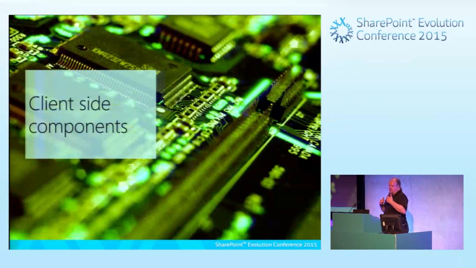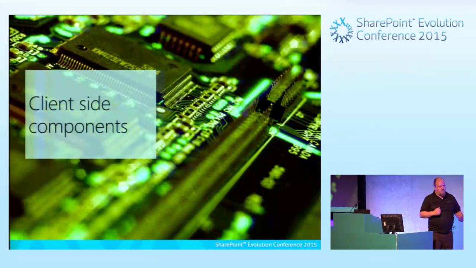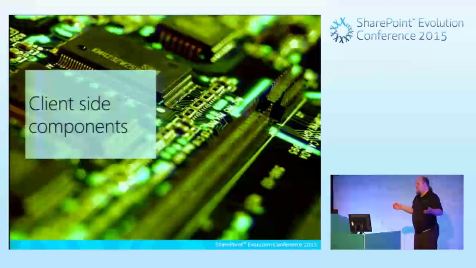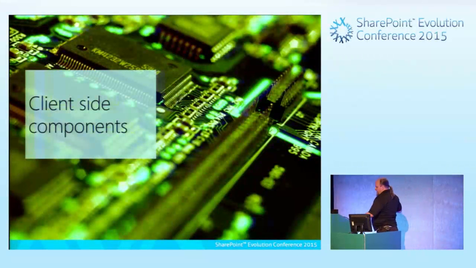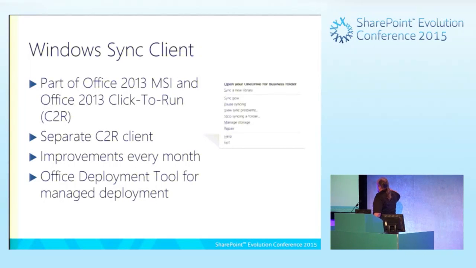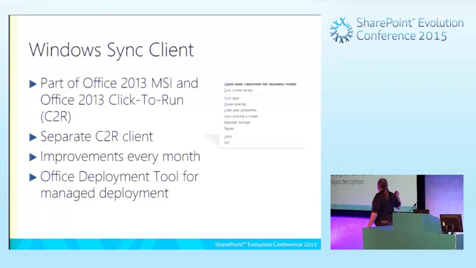Now the second piece: what do we have on the client side for OneDrive? Of course, if you don't do sync, then you don't have any client components deployed. But if you use the sync client, you get the Groove executable on your machine, and then you get the pop-up menu from the taskbar.